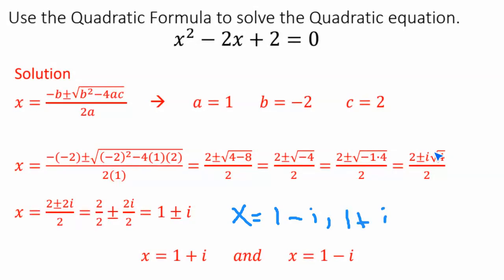Because again, there is no plus or minus symbol on the computer. So they want you to do a list, separated like this. So I do have two solutions, and we wrote them here: x equals 1 plus i and x equals 1 minus i.